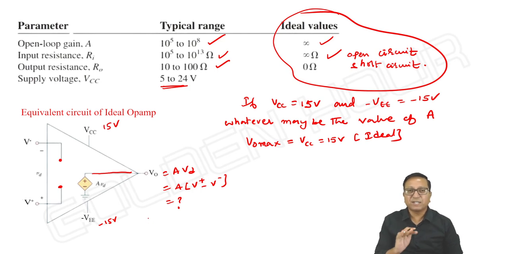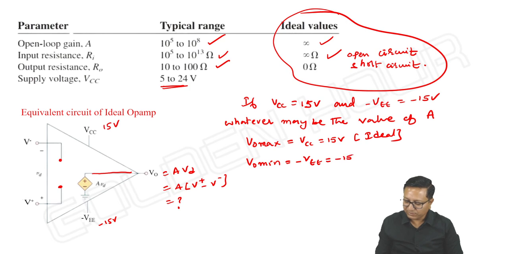Practically speaking, it is less than the power supply by 1 volt, and output minimum is equal to minus VEE, that is minus 15 volts. That is also the ideal value.